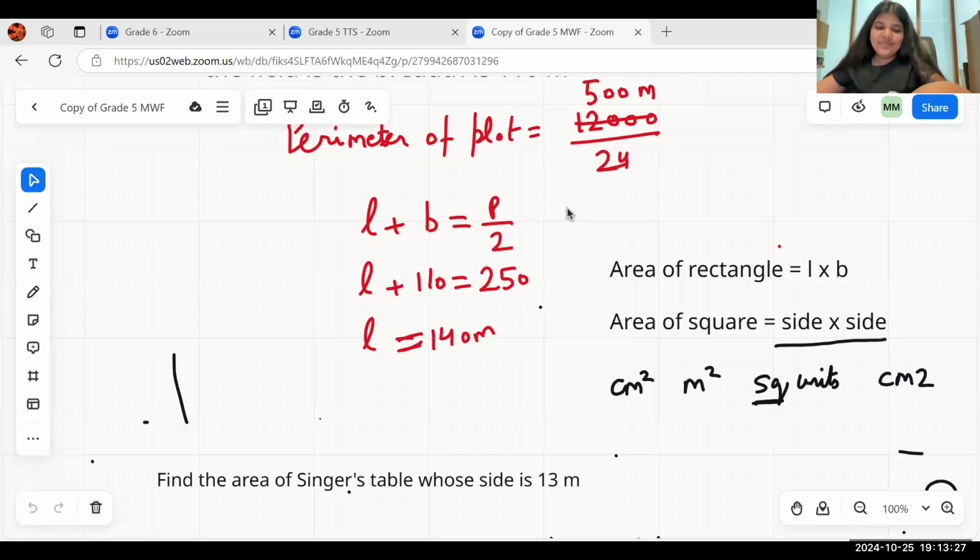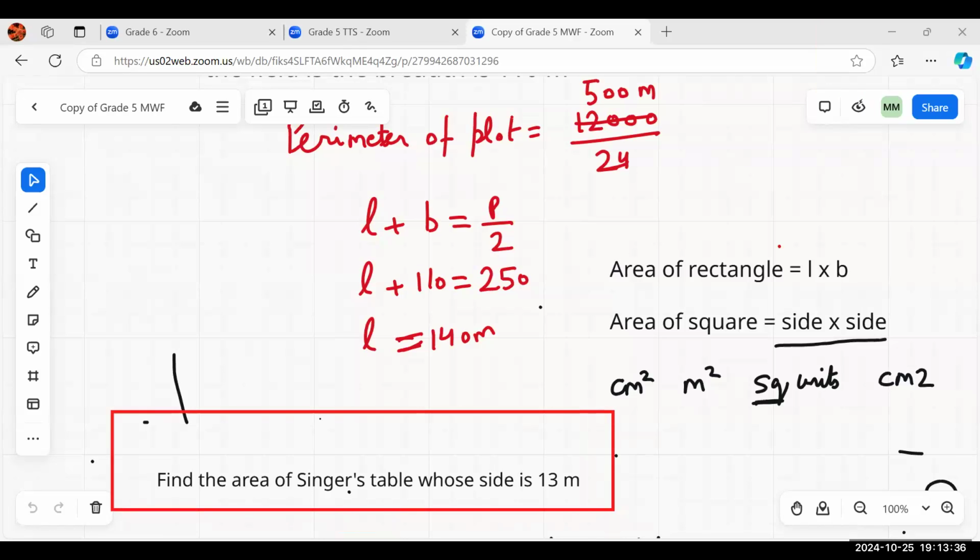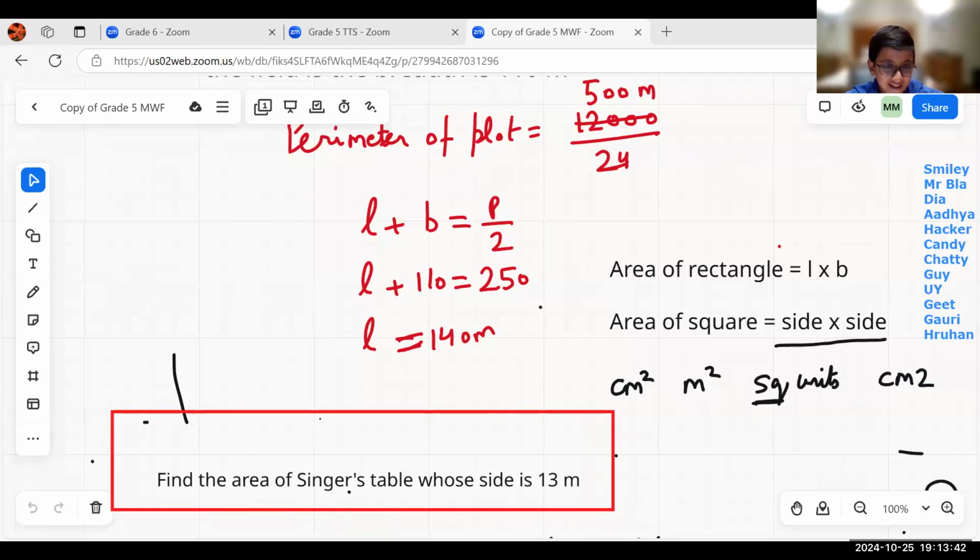Do the first question. Sir, is this question complete? Yes. It's a square.